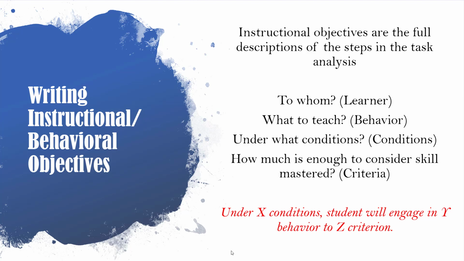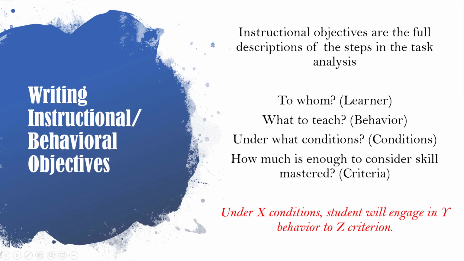I have instructional and behavioral objectives, and they follow the same components. It's just that one deals with instructional academic tasks and one deals with behavioral skills. But whether you're talking about instructional or behavioral objectives, they contain the same components.